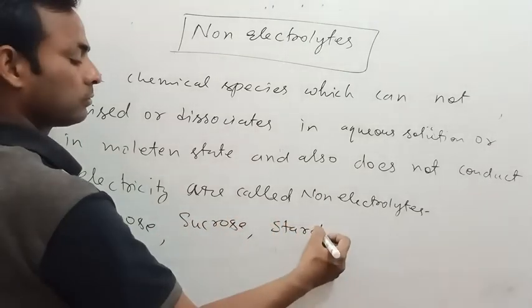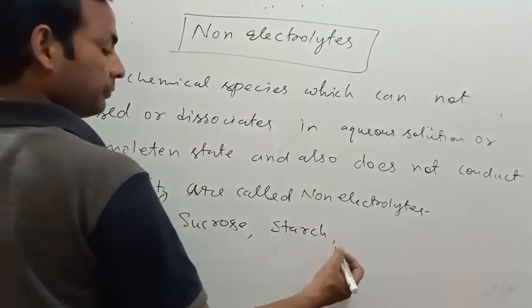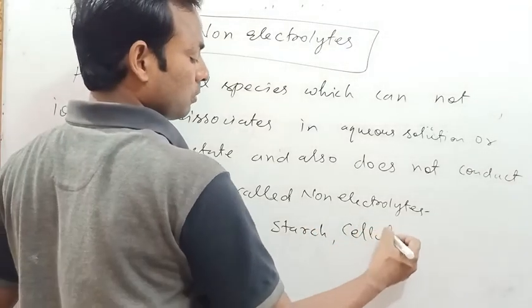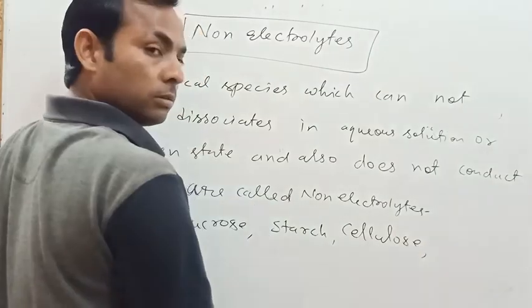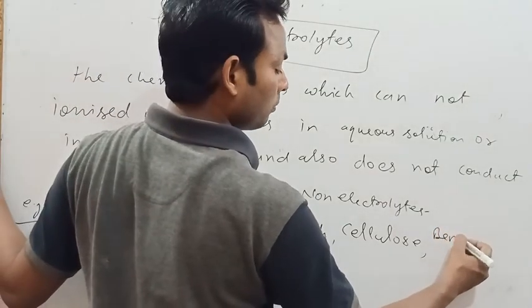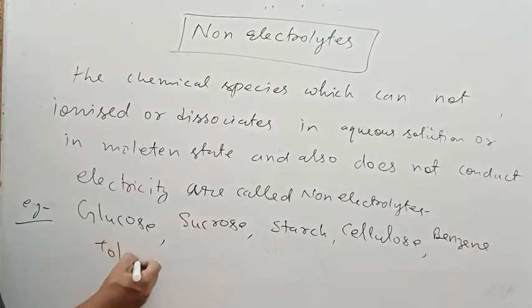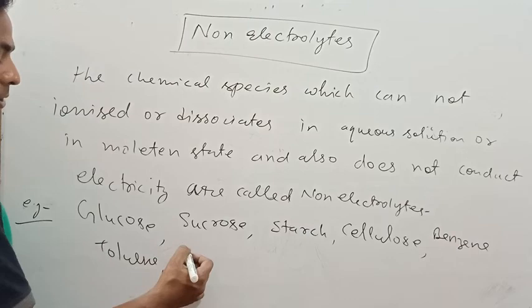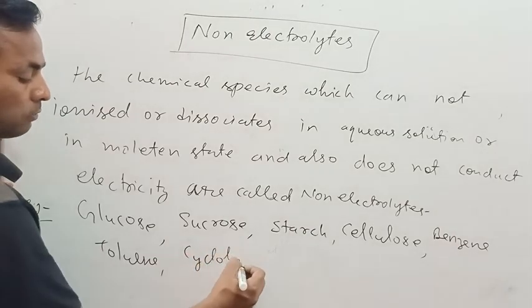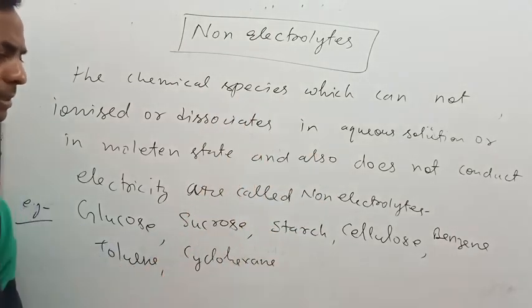Starch. Cellulose. Benzene. Toluene. Cyclohexane. Many examples are there.